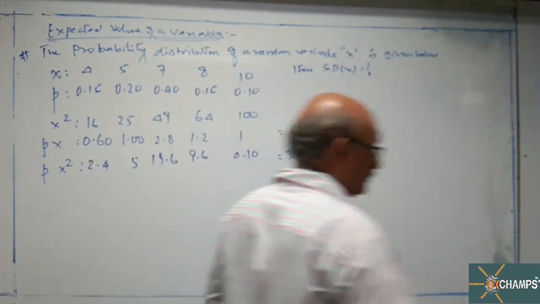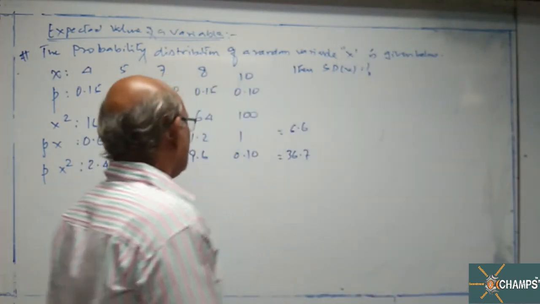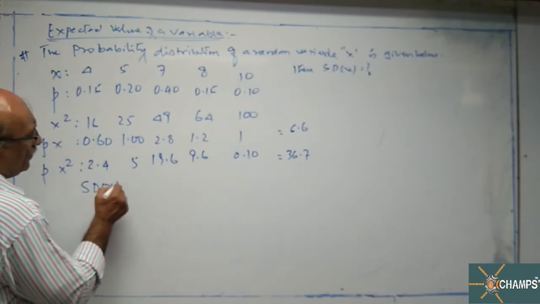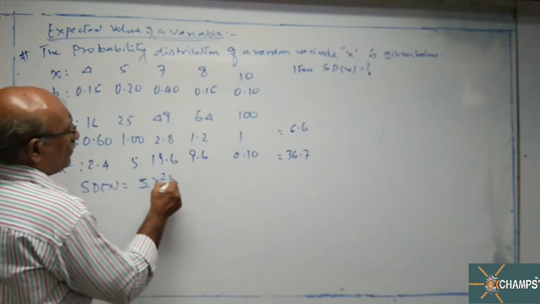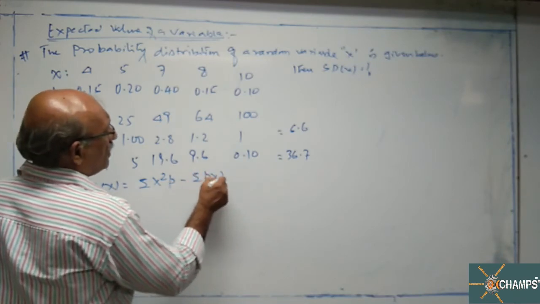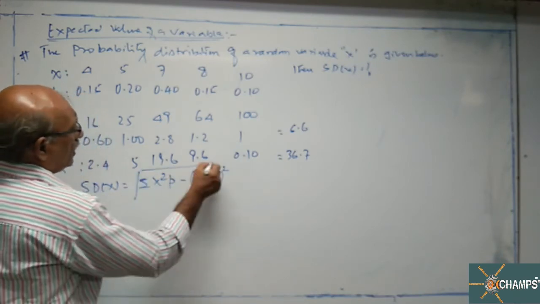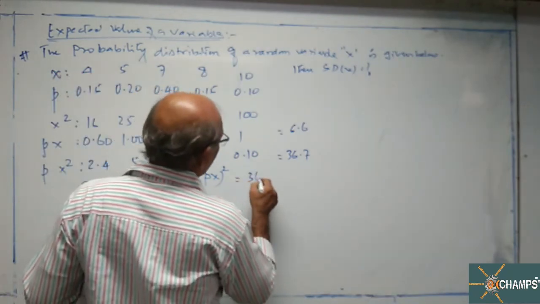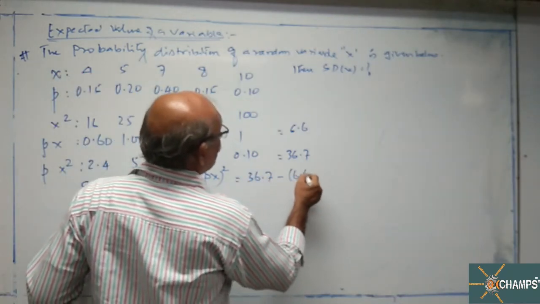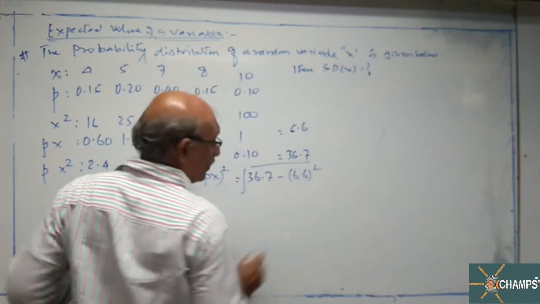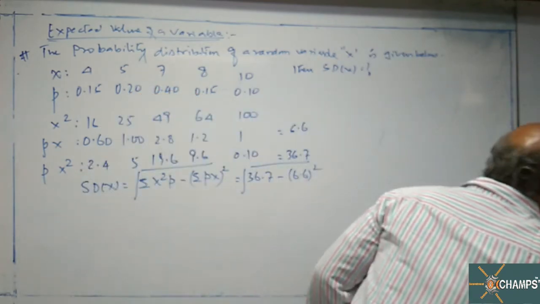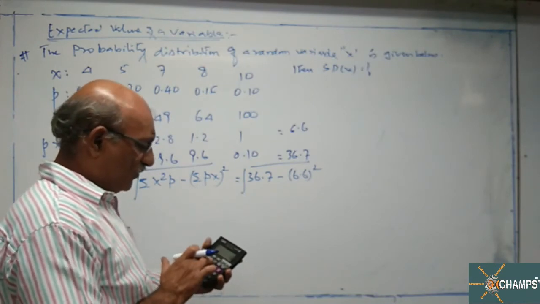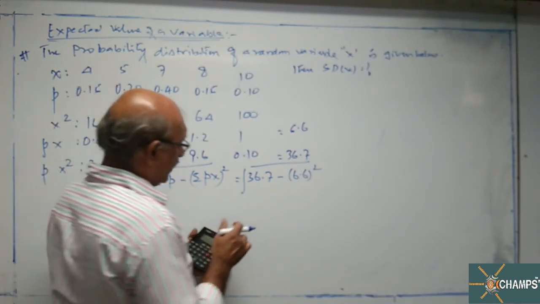Now, standard deviation of x is equal to the square root of summation of x square p minus summation of px whole square. This is the square root of 36.7 minus 6.6 whole square. So once again, 6.6 into 6.6 is equal to 43.